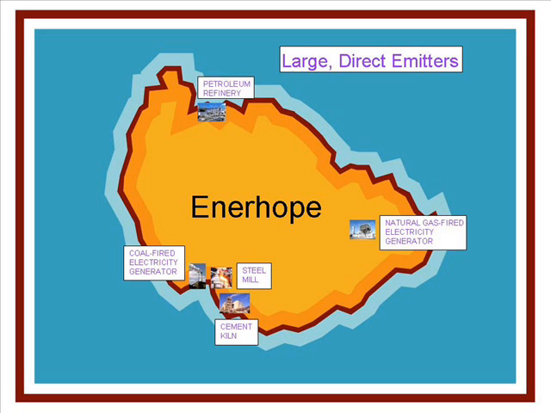A petroleum refinery, a coal-fired electricity generating station, a steel mill, a cement kiln, a natural gas-fired electricity generating station. Each of these large direct emitters directly emits over 100,000 tons per year of greenhouse gases directly into the atmosphere.